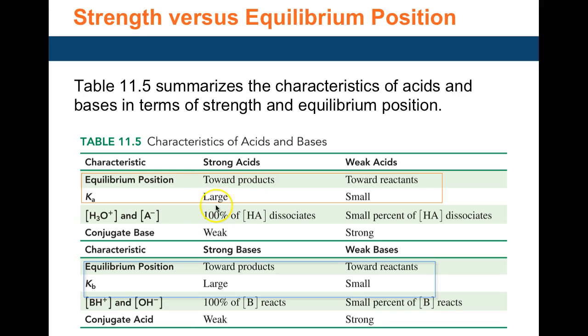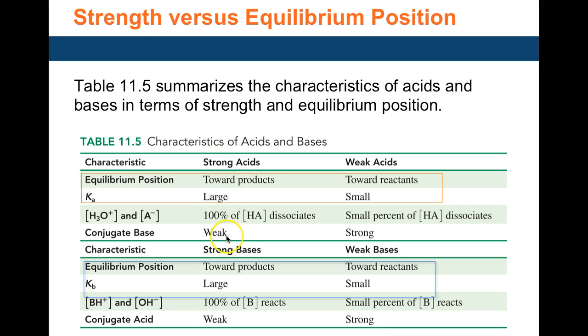So the arrow is always pointing towards products. If it is a weak acid, then the Ka value is small. Therefore, the arrow is likely to go in the reverse direction towards the left side because most of the acid remains unbroken, less than 100% breakup. So a small percent of the acid will break up.